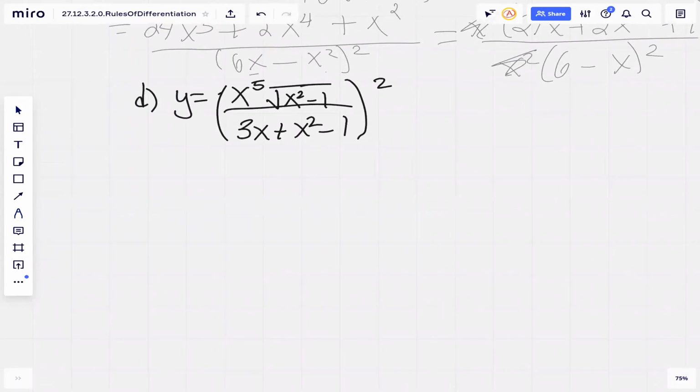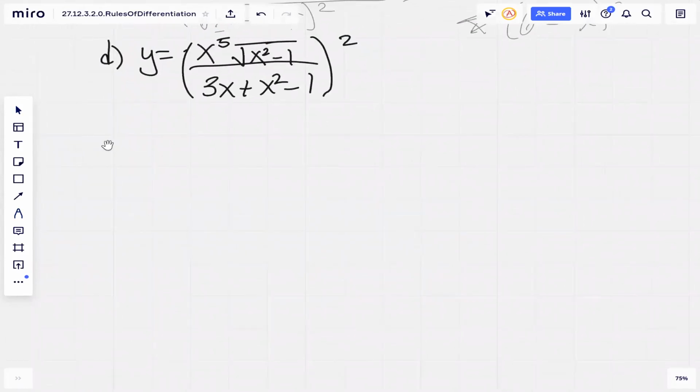All right, so here y equals, in brackets, x to the power 5 times the square root of x squared minus 1, over 3x plus x squared minus 2, all squared. Okay, so again, all kinds of rules we're going to use here. Power rule, chain rule, quotient rule, product rule. So let's get started.